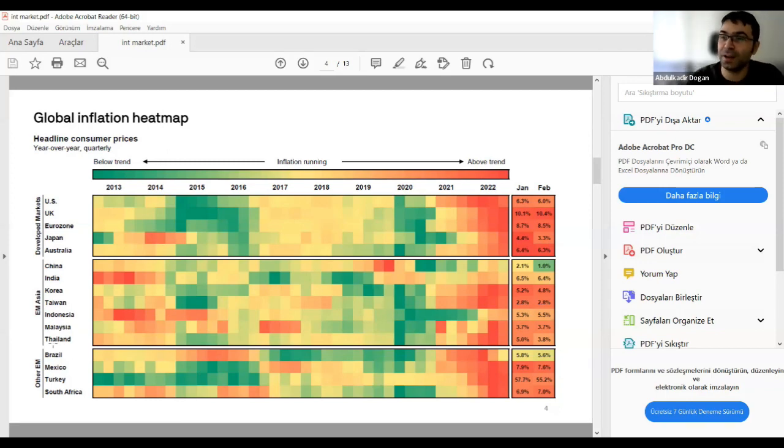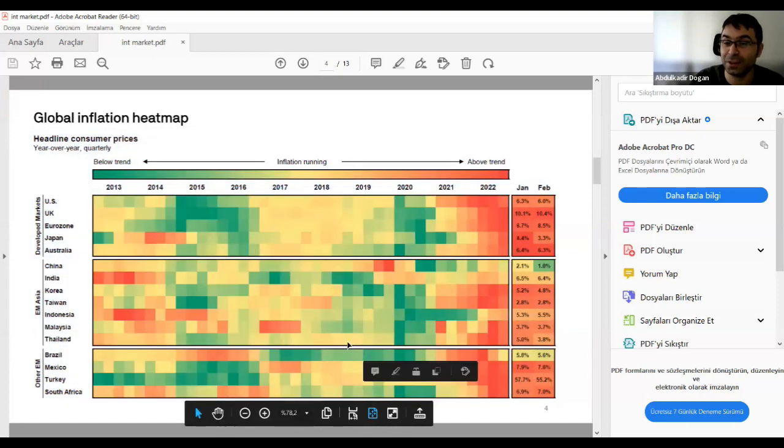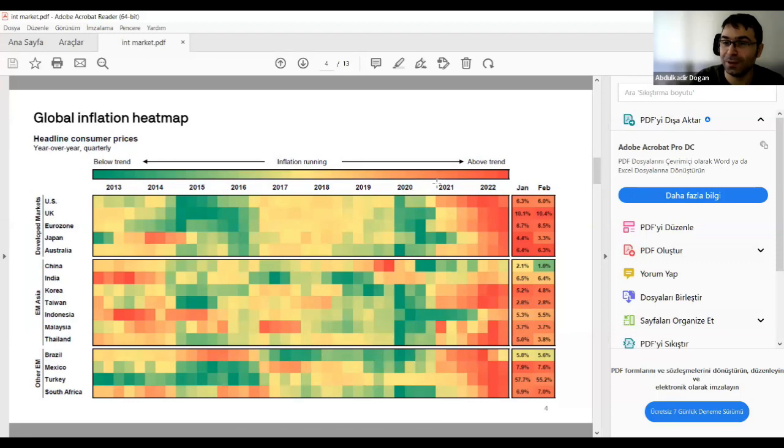These are the fragile financial 5 emerging market economies. After the global financial crisis of 2008, the market is recovering and the inflationary trend is around the middle average. But right now, it is all in the red line.